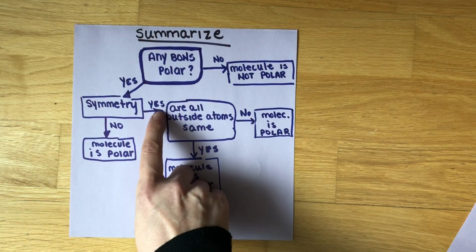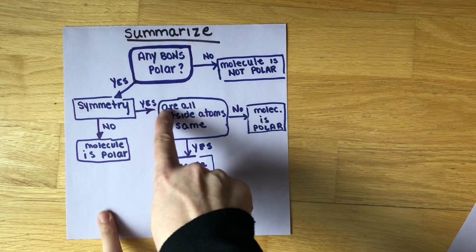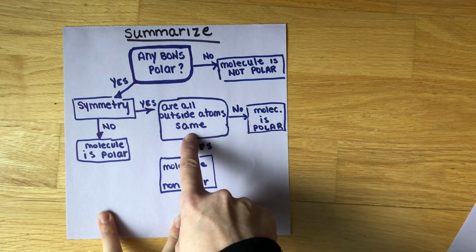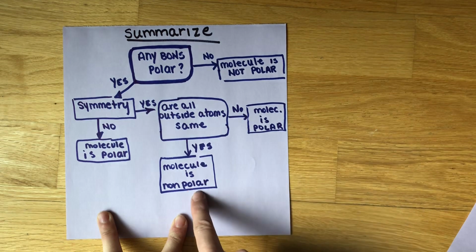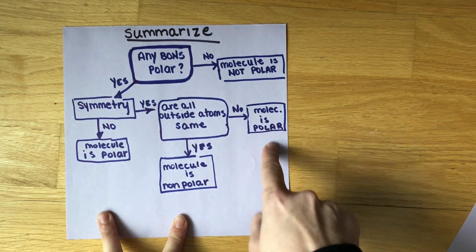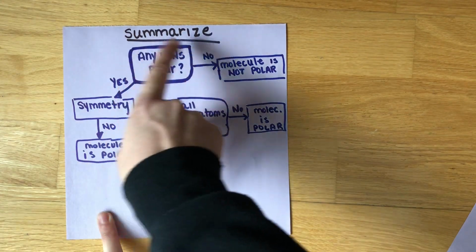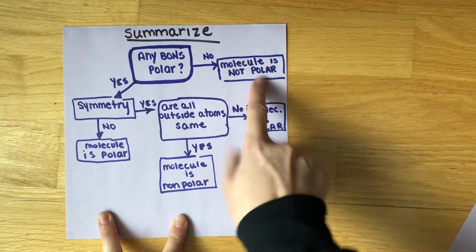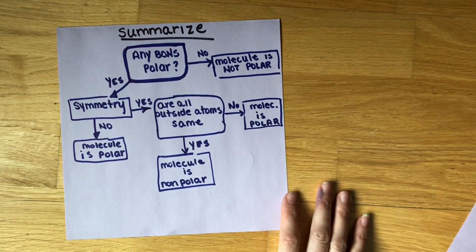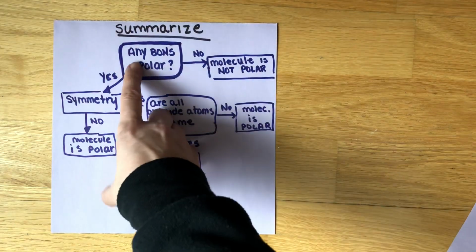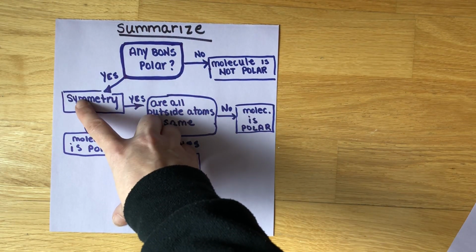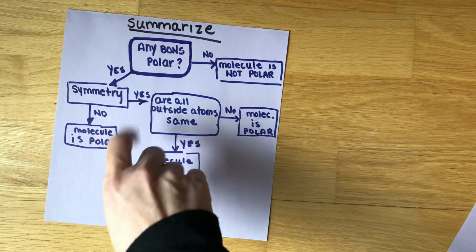If the answer is yes, it's symmetrical, then ask yourself, are all the outside atoms the same? If the answer is yes, then you've got nonpolar. If it's no, then it's polar. If from the get-go you ask, are any of the bonds polar, and the answer is no, then you're automatically not polar, hence nonpolar. You have to have at least a polar bond to come over on this end and see what you then become.